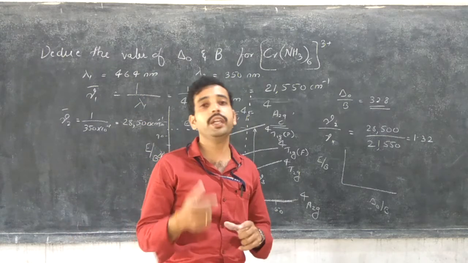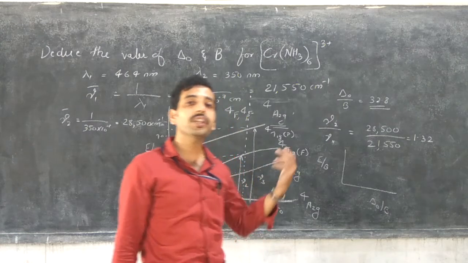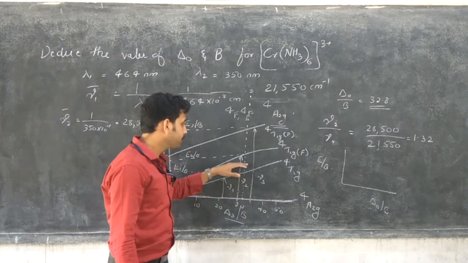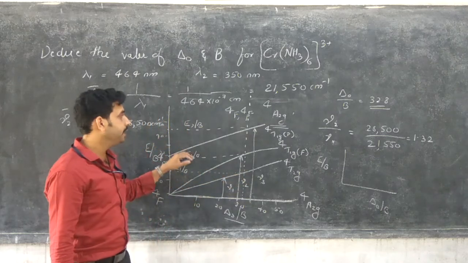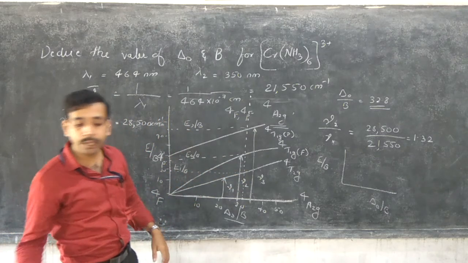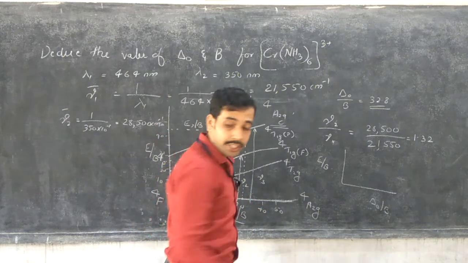From that graph, we can calculate the delta naught by B value or E by B values. For the approximation, I just explain E1 by B because it's observed from the standard graph.